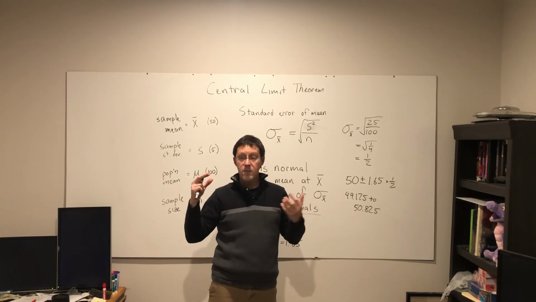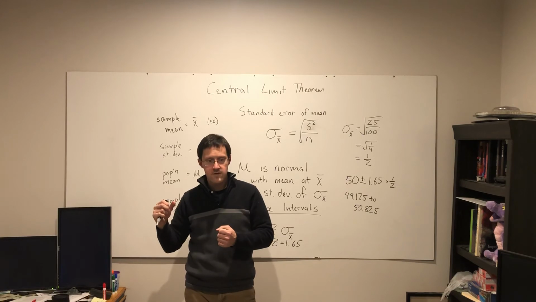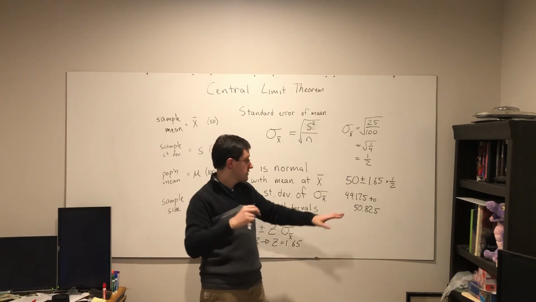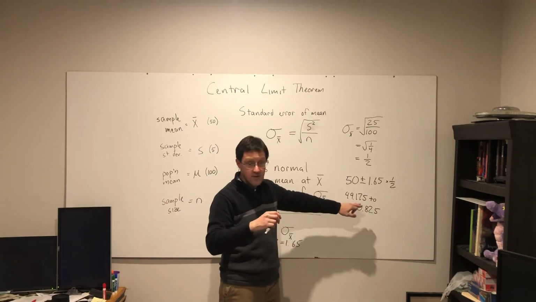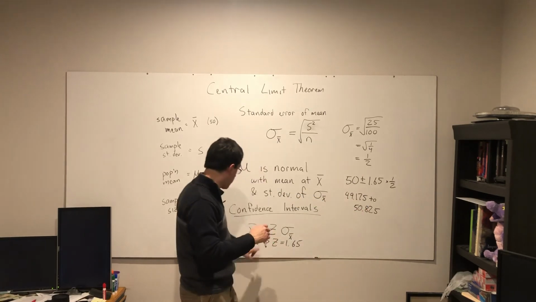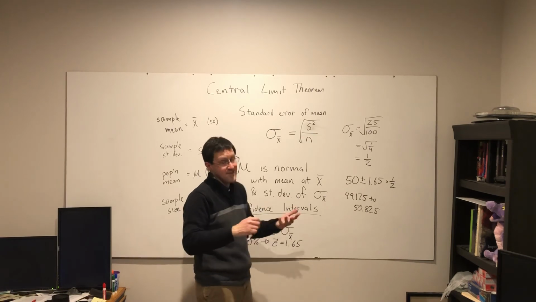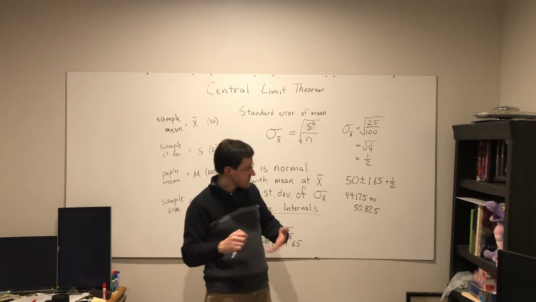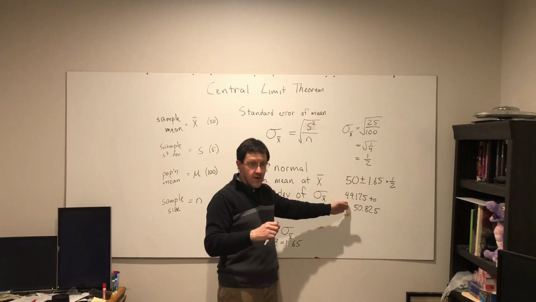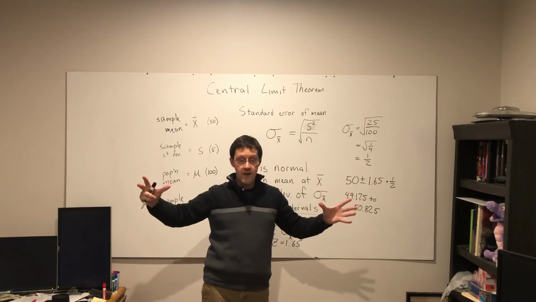If I am willing to accept more uncertainty, then I would have a smaller range, I'd say an 80% confidence interval. And there are ways to look up the appropriate value of z for basically any value. Likewise, 95%, that would have a wider range instead of 90%.